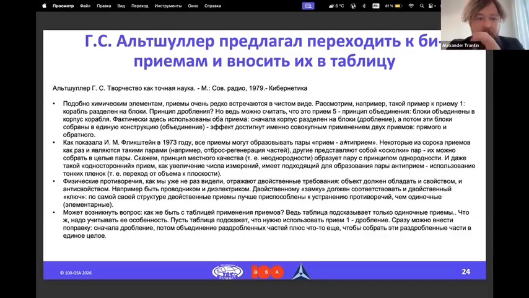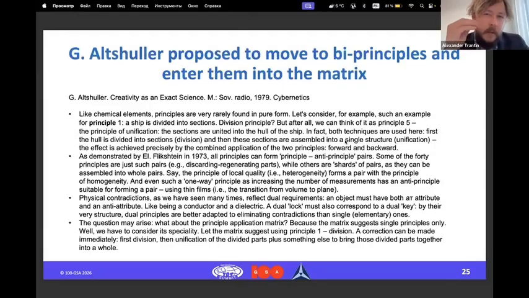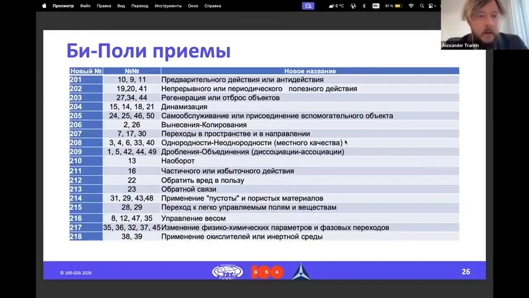They show their dual nature, their dual requirements, their property, their attributes and anti-attributes. And to summarize, we can draw the conclusion that bipolar approaches, or just basically the whole logic, was founded and laid by Altshuller. And with our team, we try to follow this logic.